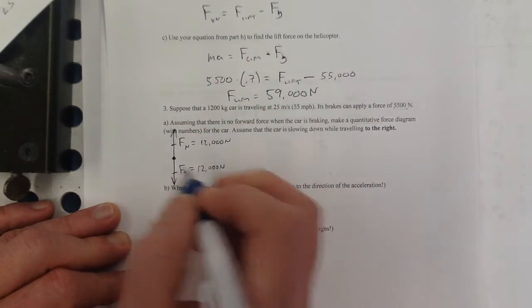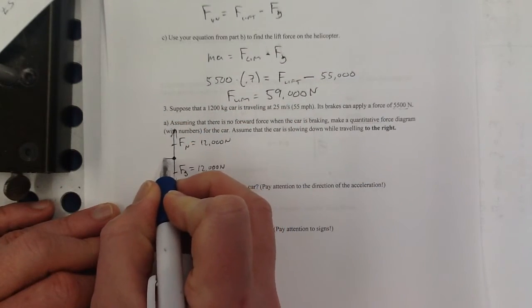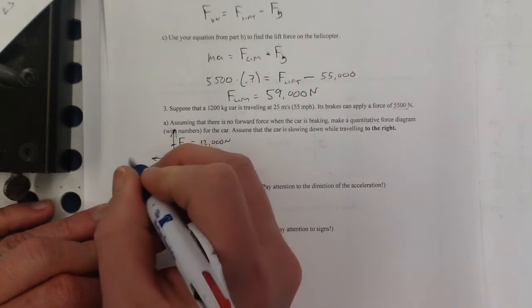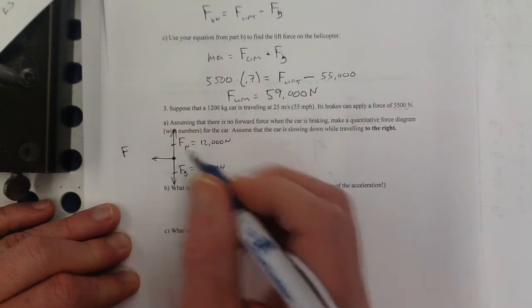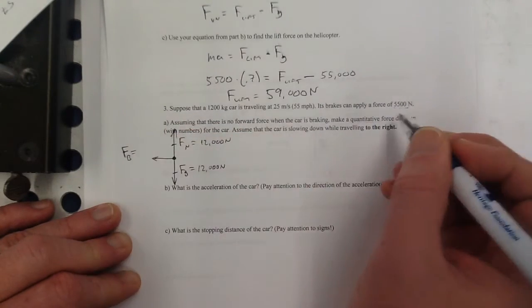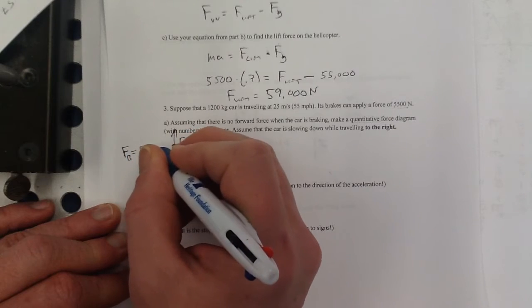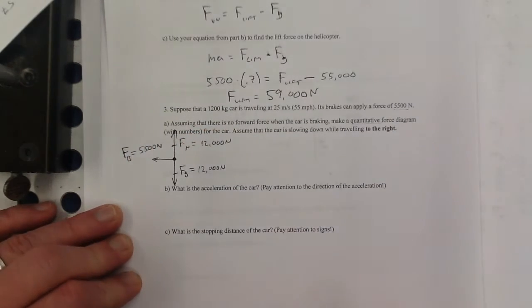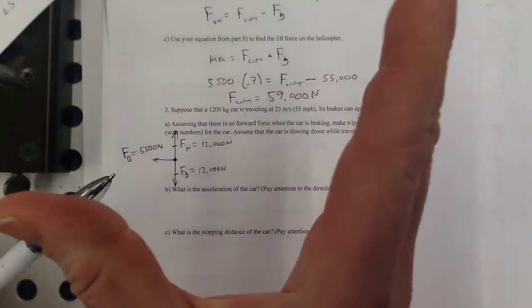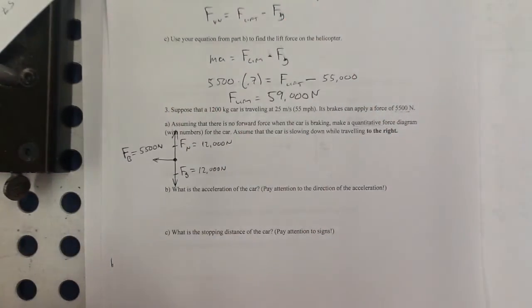And then if it's moving to the right, just like broomball, the braking would be the other way, like this. That's the force of braking. I'll just call that FB, is 5,500 newtons. It's kind of like a friction force, right? It's like the brake pads squeezing on the discs of the disc brakes.